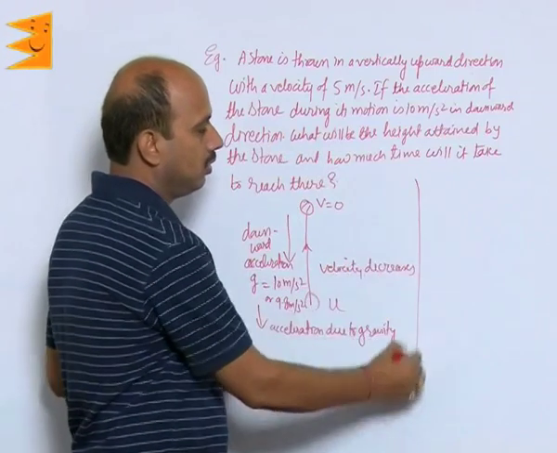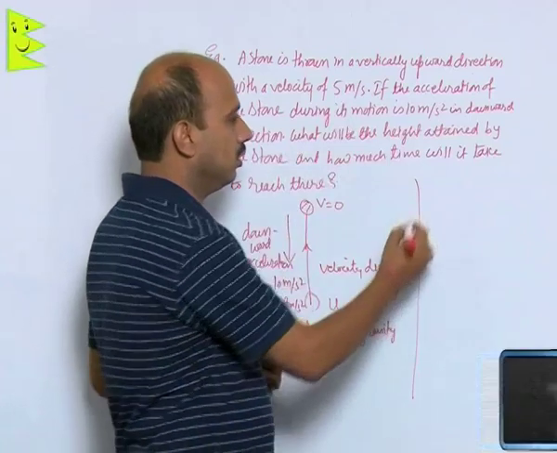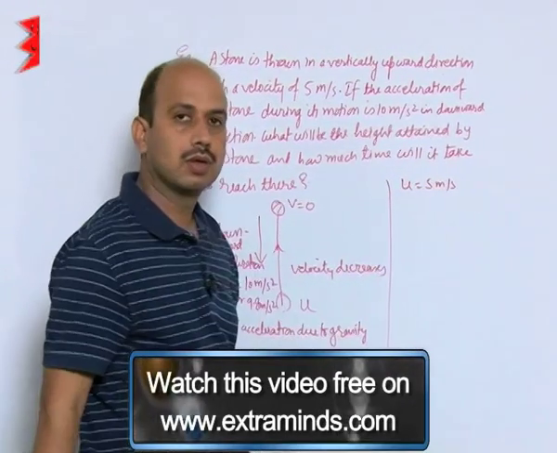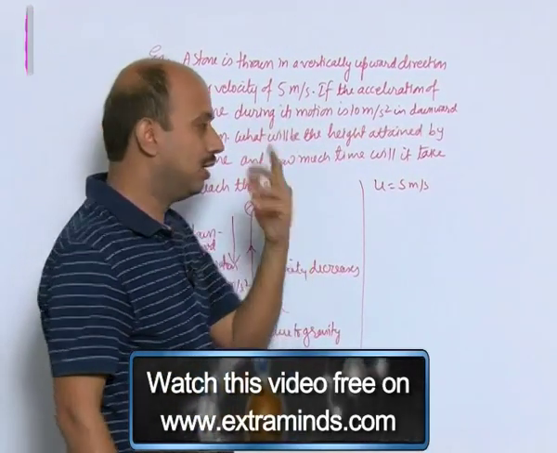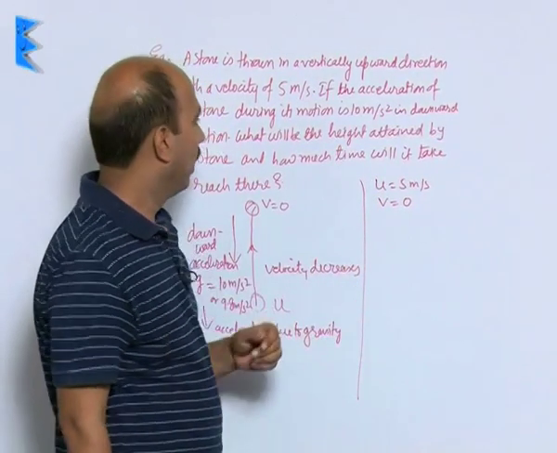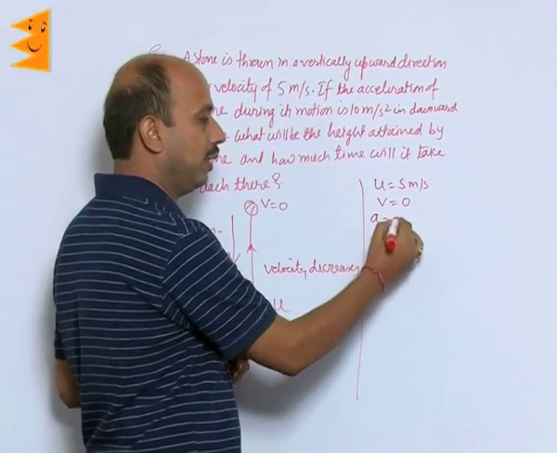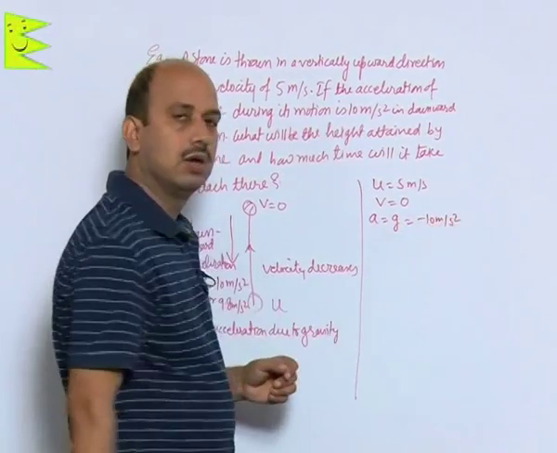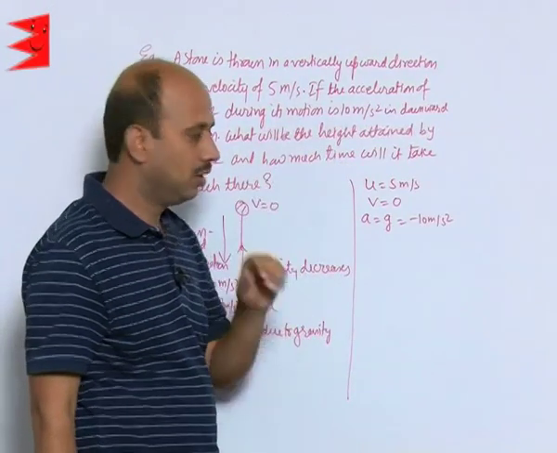So now see here, solution of this question. What you are given here, u is equal to 5 meter per second. Body is going up, reaching maximum height, final velocity will be 0. So we can write v is equal to 0. And now you have to take acceleration, a is equal to g is equal to minus 10 meter per second square, because we are treating it as retardation, because the body is going up, acceleration is acting downward.